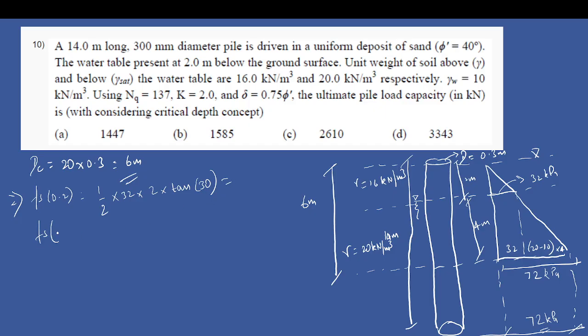Then fs, the skin friction stress, from 2 to 4 will be half into 32 plus 72. No, sir, 32 plus 40.